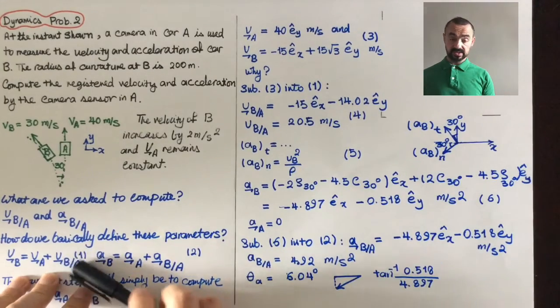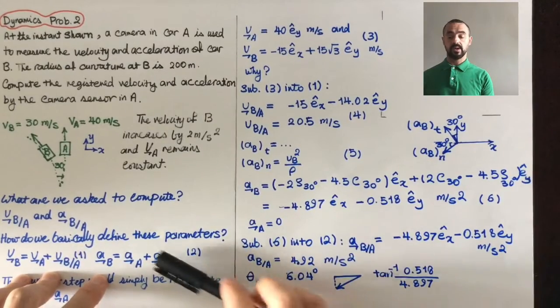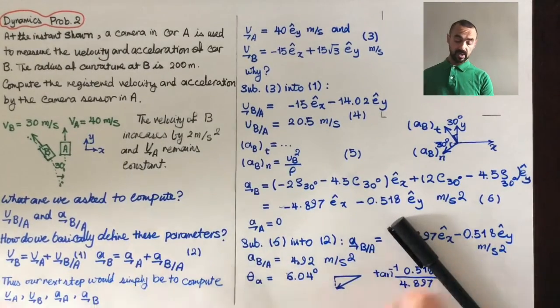So we know these are the quantities we are looking for, velocity of B with respect to A and acceleration of B with respect to A.